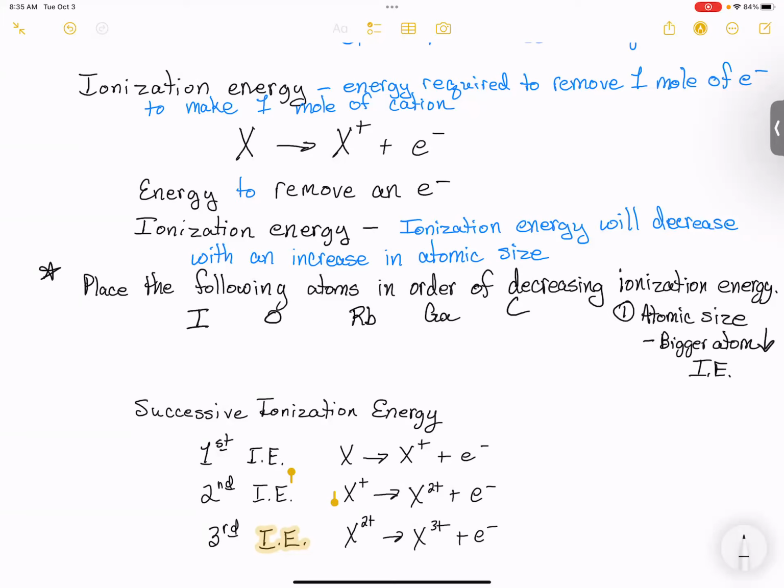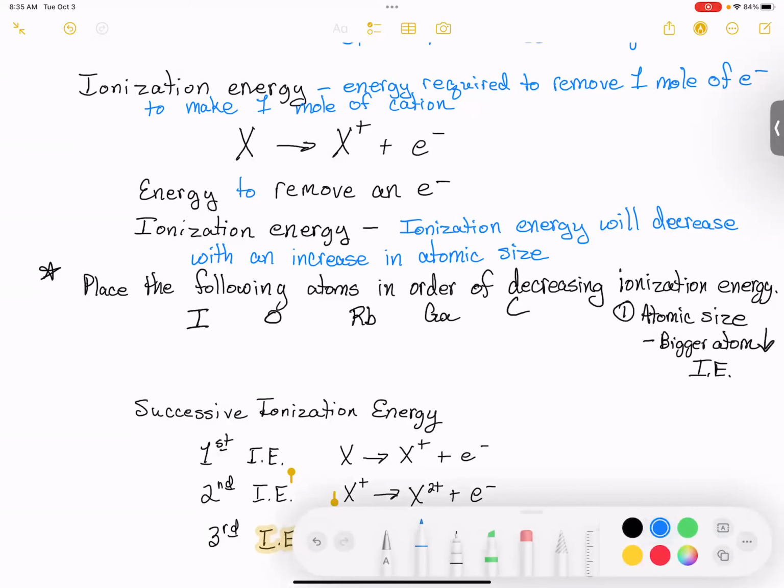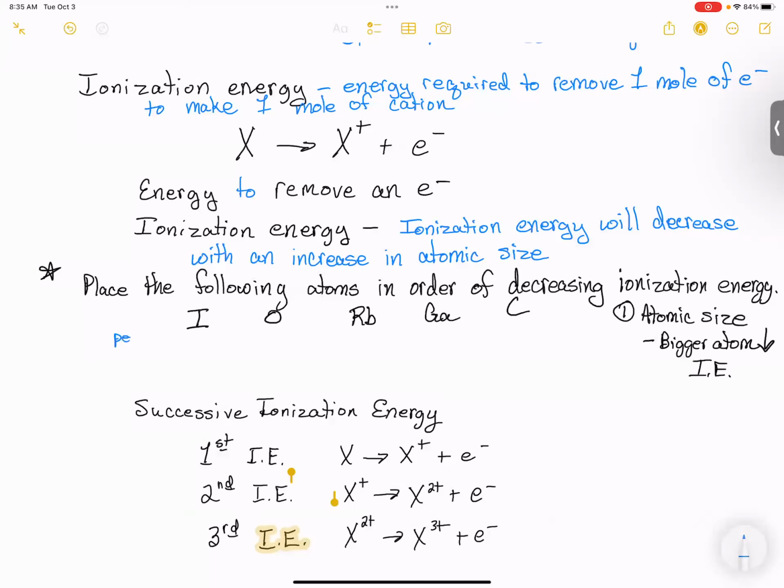So iodine is in period 5, oxygen 2, rubidium 5, gallium is in period 4, and carbon is in period 2.